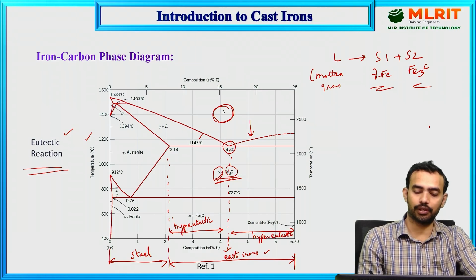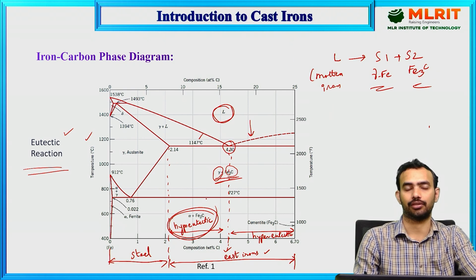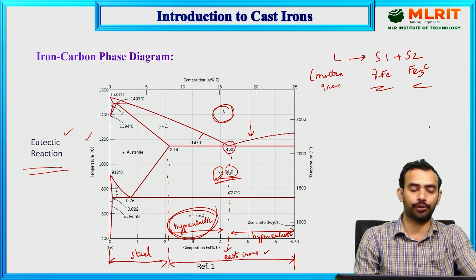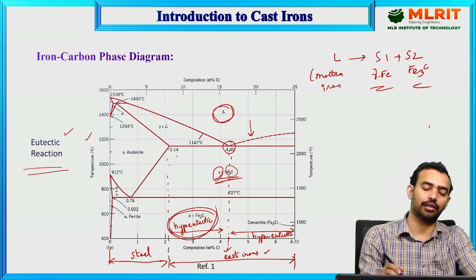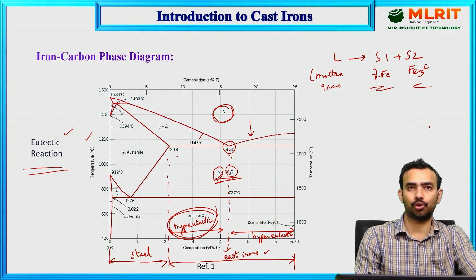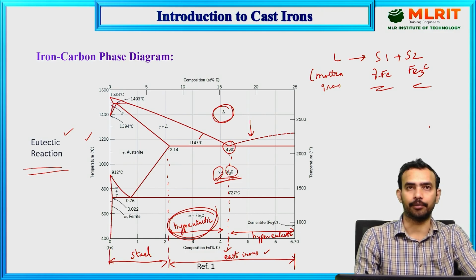In most practical cases, we will have cast irons that are hypoeutectic. We talk about these hypoeutectic cast irons, which have a carbon range from 2.14 up to 4.3 percent carbon present in the iron.